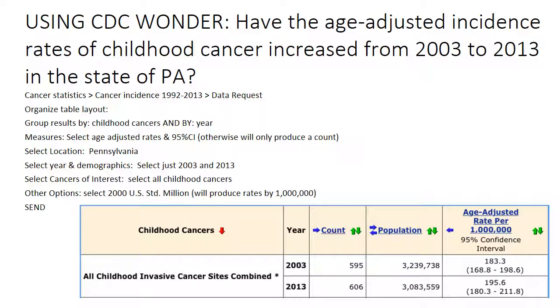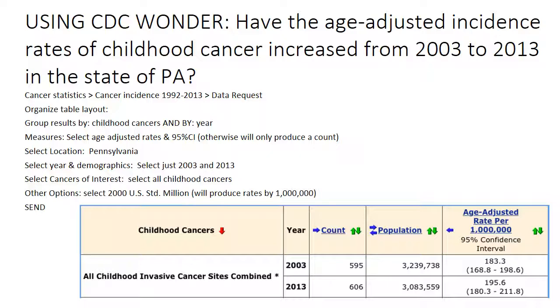In this case, we're looking at all the childhood cancers. And in other options, we're going to use the 2000 US Standard Million, which produces rates by 100,000, 1 million individuals based on how the 2000 population was distributed.